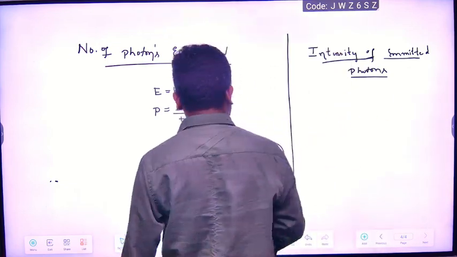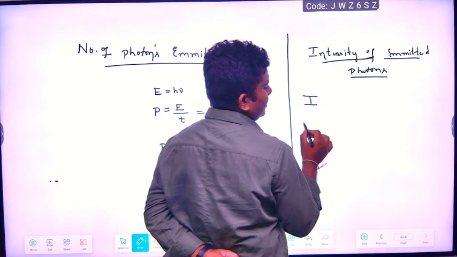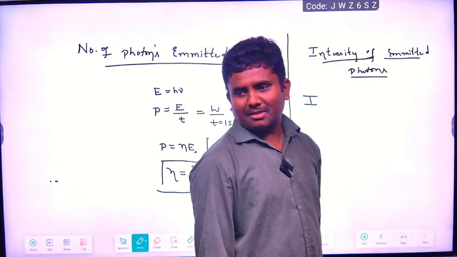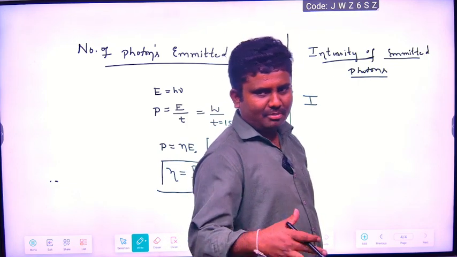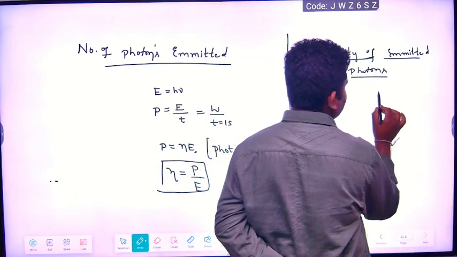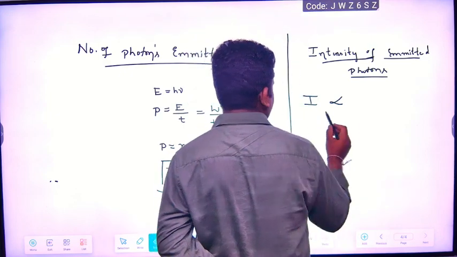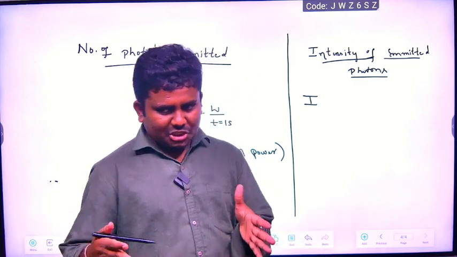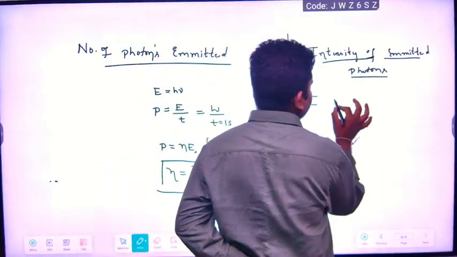Now, intensity of emitted photons, I is always the intensity of energy. It is not the number of photons actually, but the energy of photons: how much energy per second per unit area, that is what we call intensity.